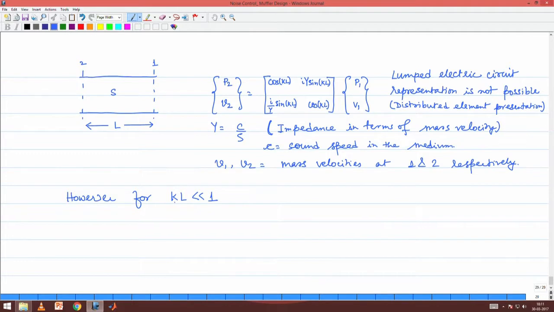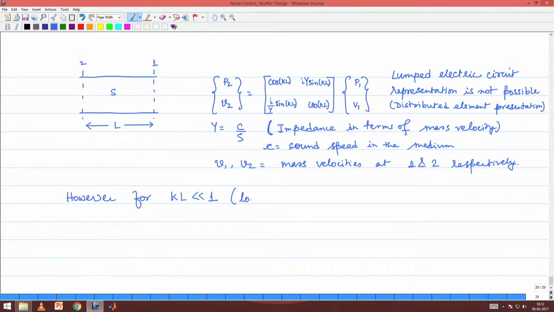So, therefore, kL is the product of the wave number and length. In other words, 2 pi L by lambda must be less than 1, in which case it means that the length must be much smaller than the wavelength of the acoustic wave that is going in this duct. So, in this case we will have kL less than 1, and if wavelength is large, then the other way to interpret it is that k is directly related to the frequency. So, if kL is small, this will also mean that this is the low frequency approximation.